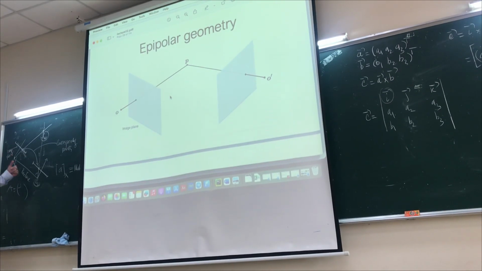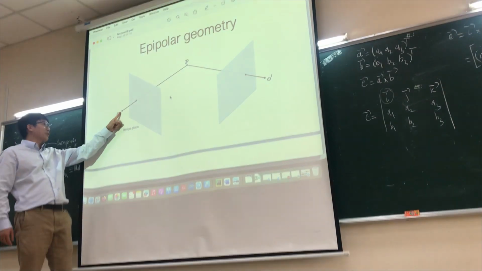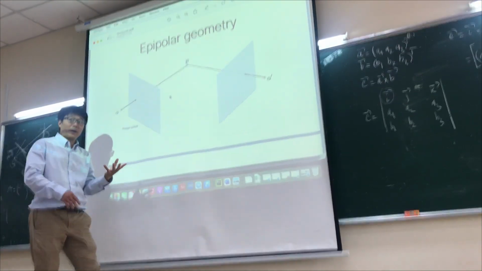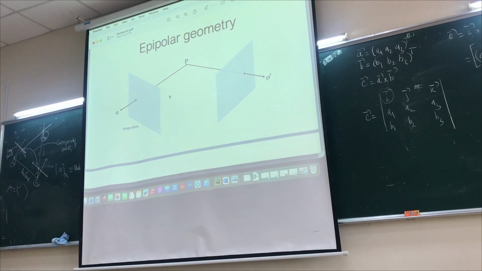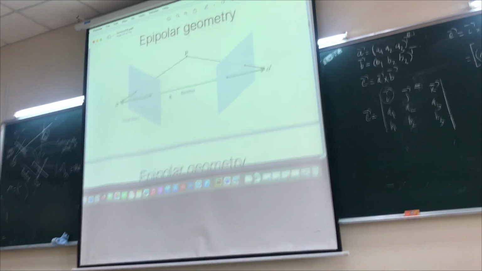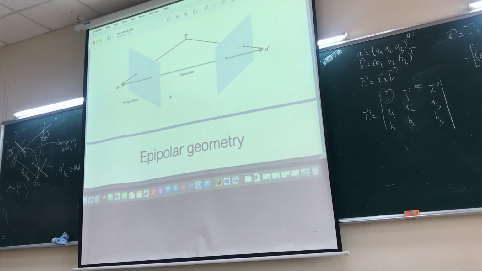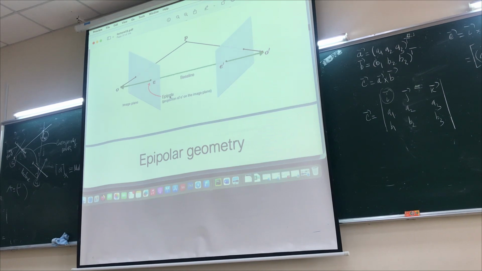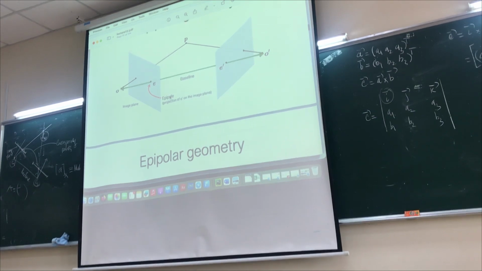You have camera 1, camera 2, and we call these the camera centers. The connection between the two centers we call the baseline. Here we have the image planes also. Remember it is a triangle, so that's why we had triangulation.